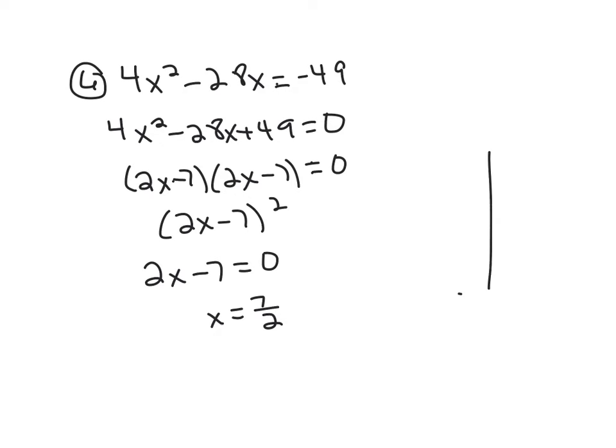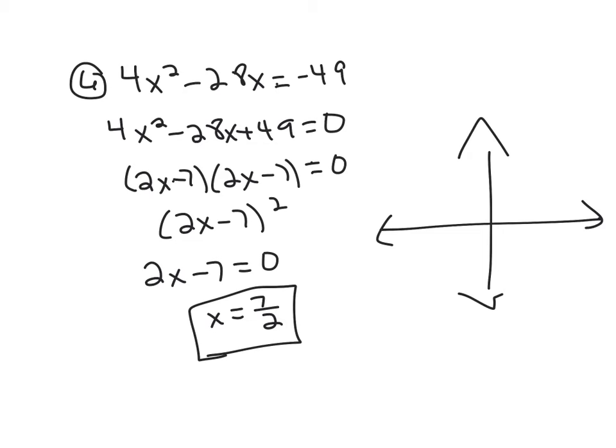All right, so I want to talk about this one just real quick. If this were a parabola that we would be graphing, this one only has one answer. So anybody have any idea what this parabola might do? Okay, so x equals 7/2 or 3.5. So I'd have to go here between 3 and 4.